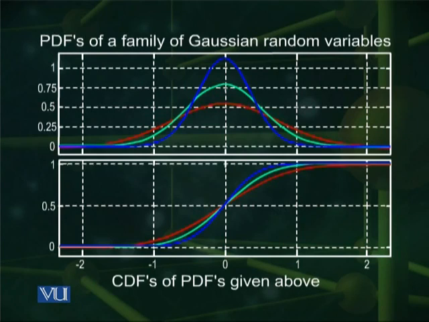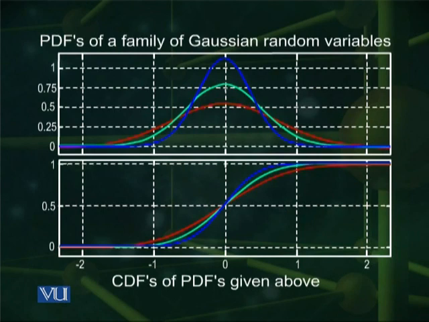But for the other two values of lambda, 1 and 2, lambda over pi is smaller than 1, its square root is also smaller than 1, and the peaks of these two PDFs are smaller than 1.